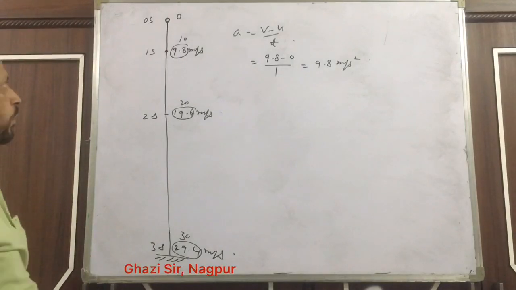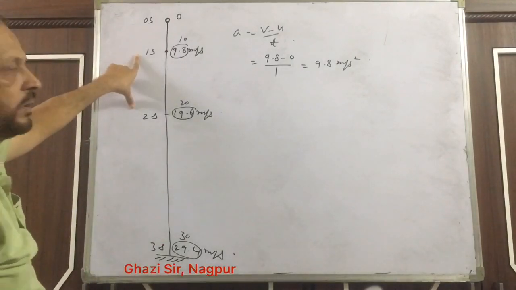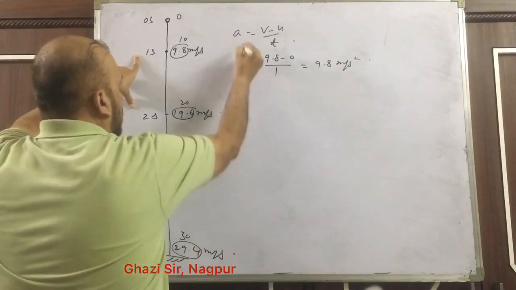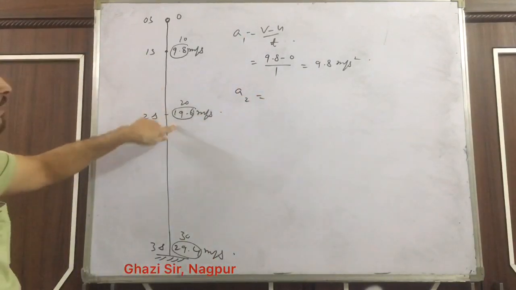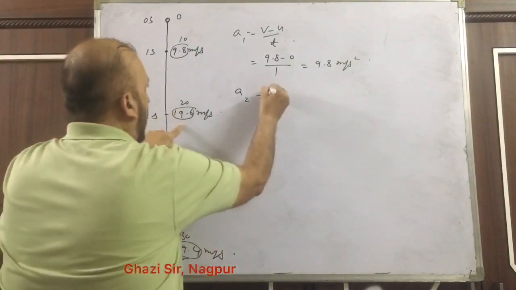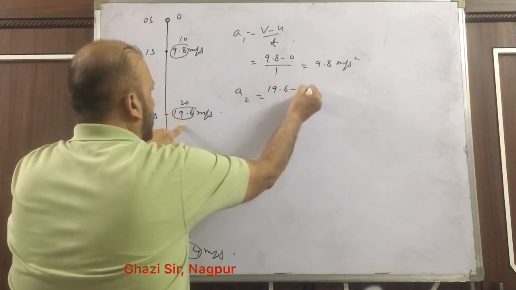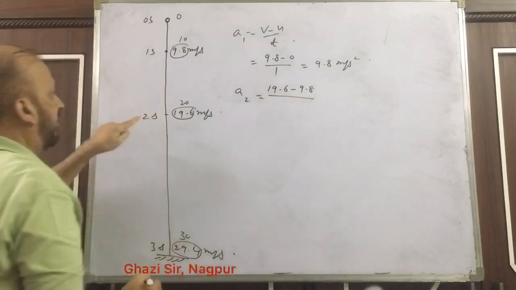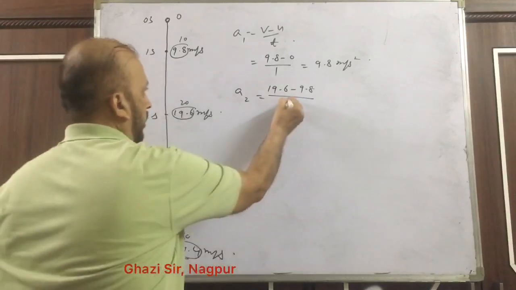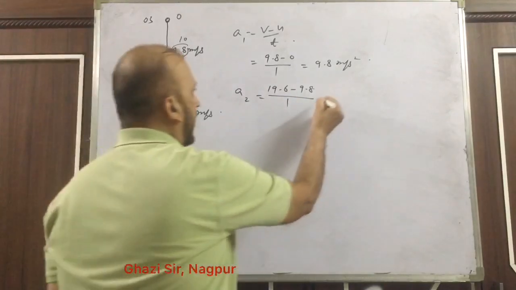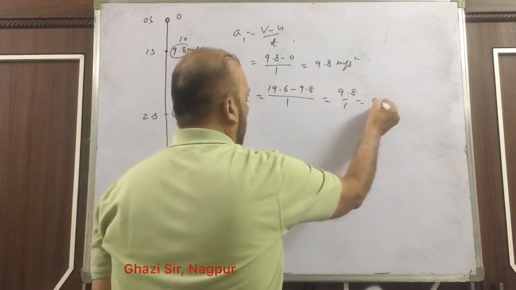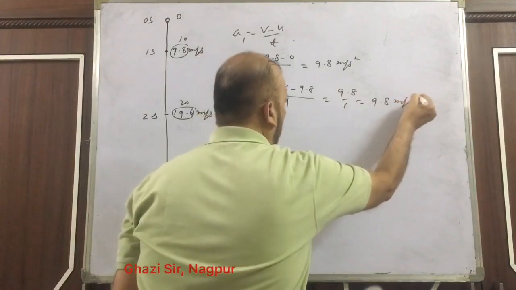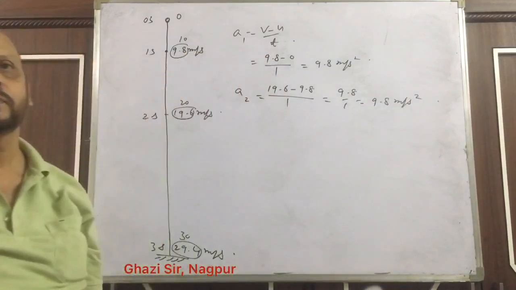Suppose we calculate between these two positions, a1, a2: v minus u, so 19.6 minus 9.8 upon time difference, 2 minus 1, that is 1. So this is equal to 9.8 upon 1, that is 9.8 meter per second square.